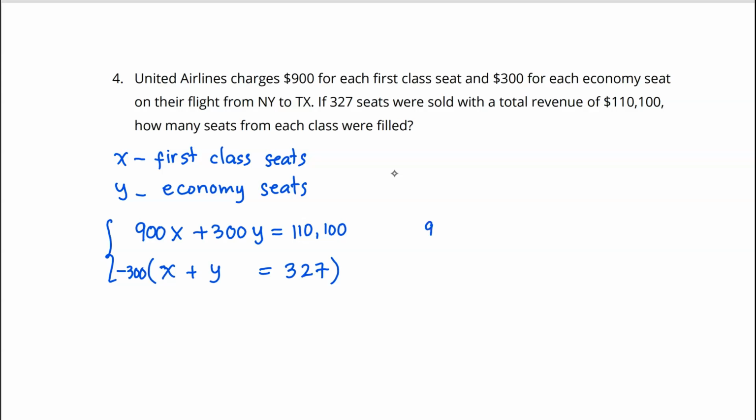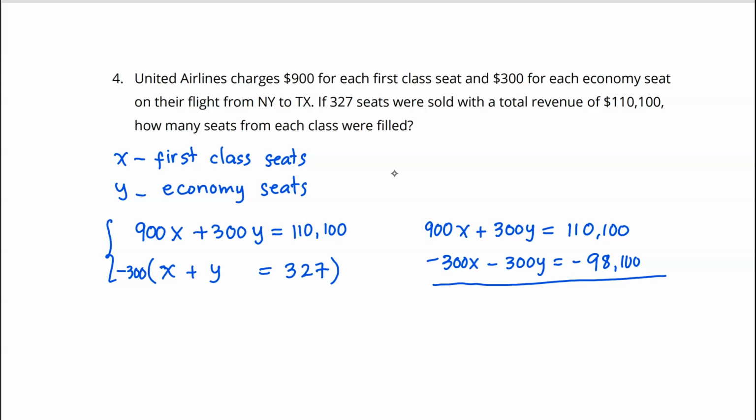Let's copy the first equation, 900x plus 300y is equal to 110,100. And then we have negative 300x minus 300y equals 327 times negative 300, which is equal to negative 98,100.